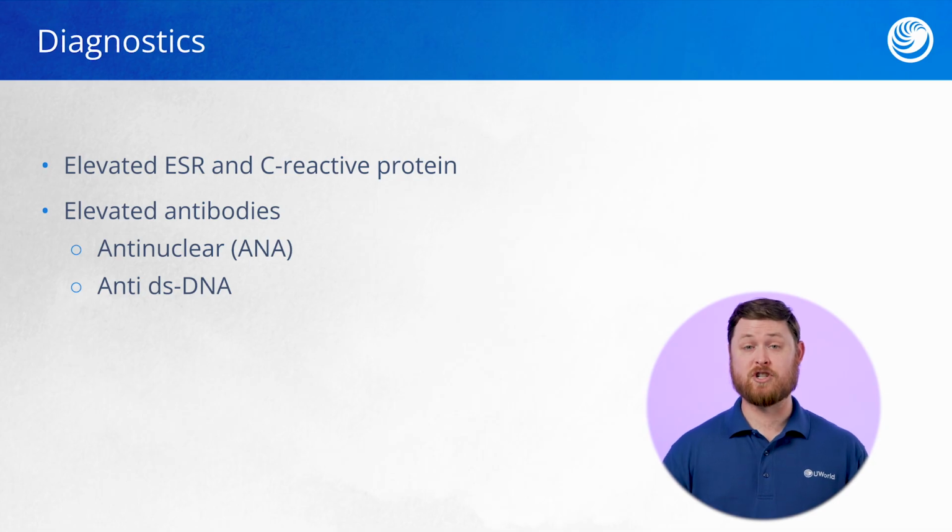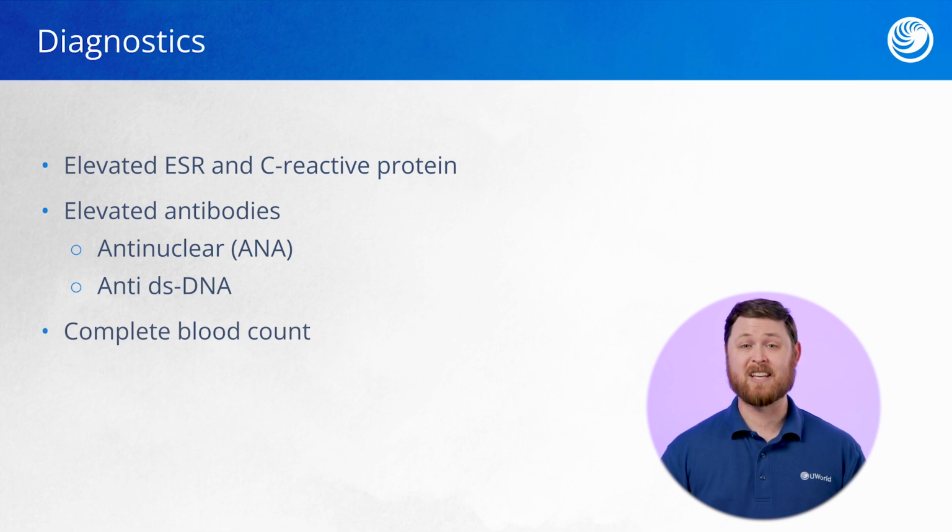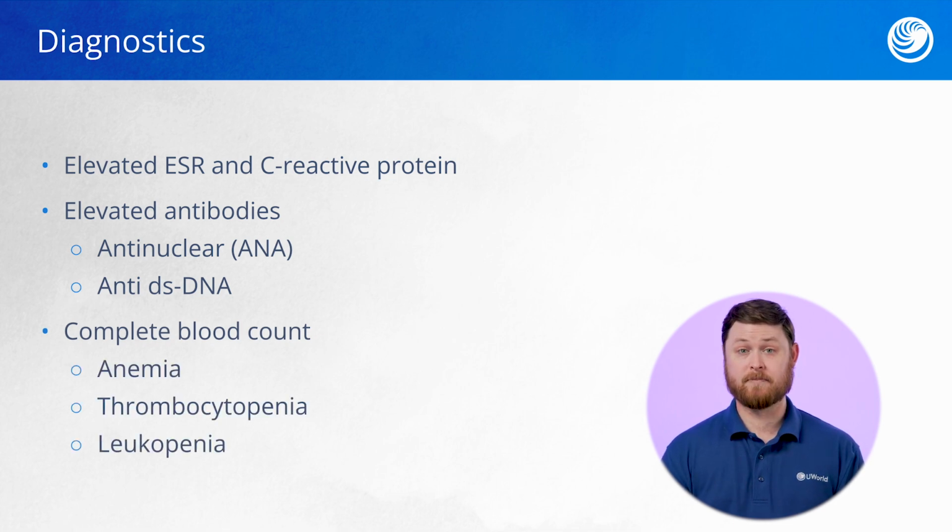These antibodies have been generated in response to those nuclear antigens that have been released from the dead cells. Because lupus can cause certain cytopenias to develop, we want to monitor the complete blood count to assess for anemia, thrombocytopenia, and leukopenia.